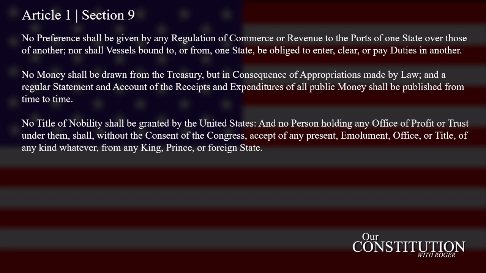And a regular statement and account of the receipts and expenditures of all public money shall be published from time to time. No title of nobility shall be granted by the United States, and no person holding any office of profit or trust under them shall, without the consent of the Congress, accept of any present, emolument, office, or title of any kind whatever, from any king, prince, or foreign state.